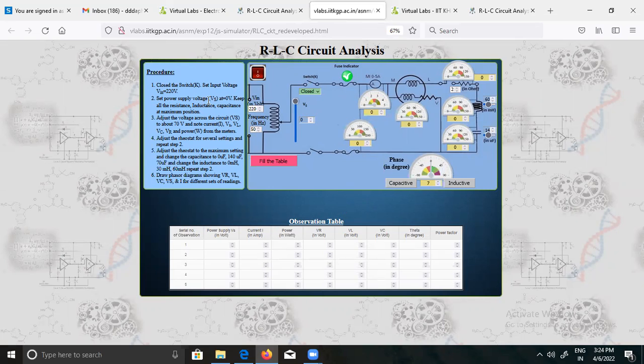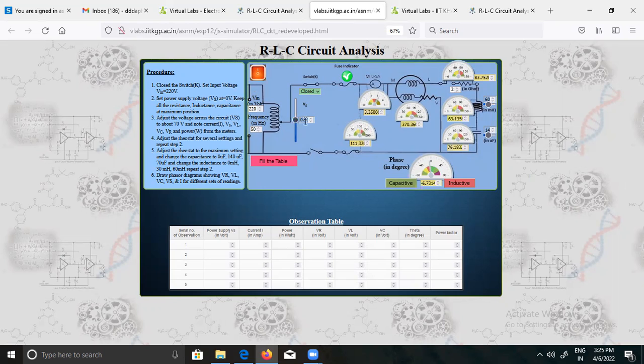Now set the power supply Vs at 0 volt. You can observe here that whenever I vary this, it also varies. But we have to set it to 0 volt.